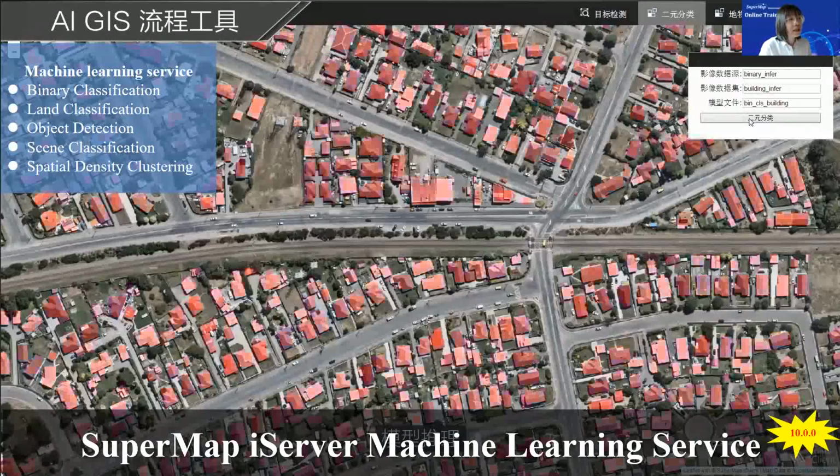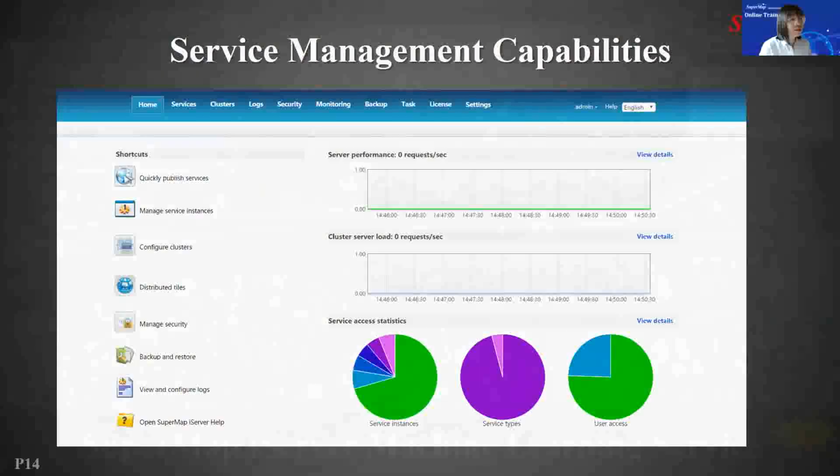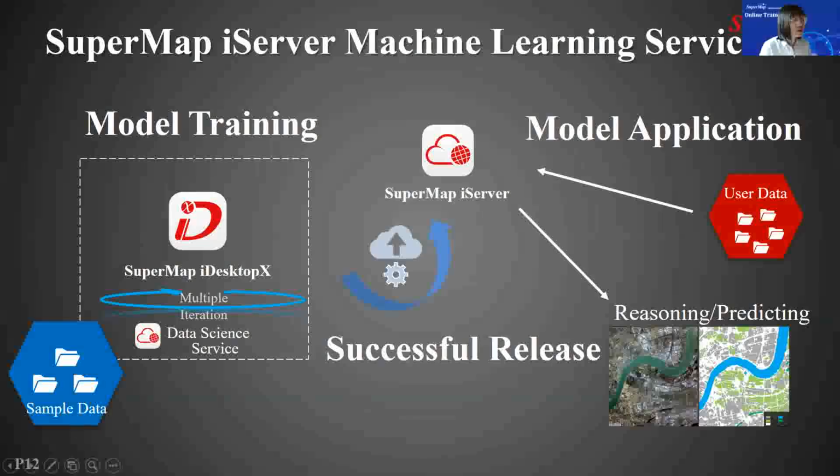We also have the machine learning service. This is an example of the machine learning service, where we can do model training in iDesktop X through multiple iterations, and we can get an AI model.